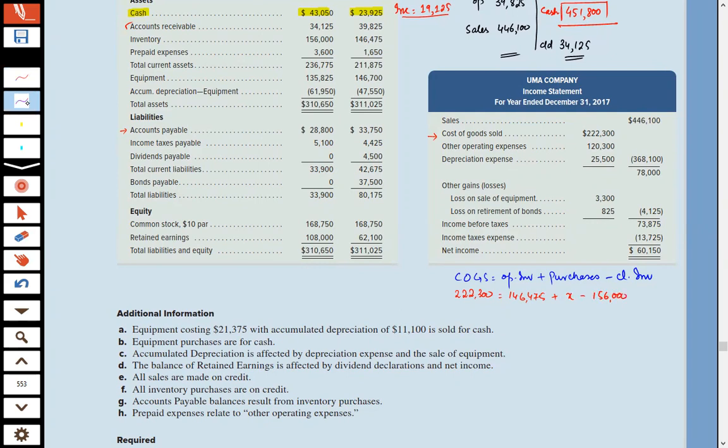So if we find the value of X, that is purchases, you can apply your calculations: 146,475 minus 156,000 gives minus 9,525, which will be added to 322,300, giving 231,825. This is the amount of purchases.